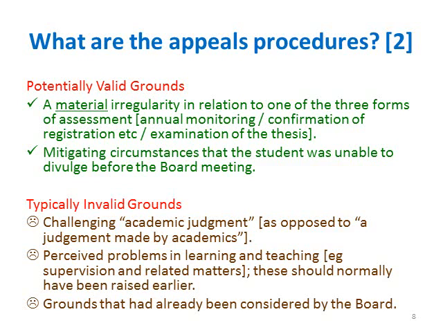Material irregularity basically means that the university did not follow its procedures, and this would have been material to the outcome. The second type of ground is mitigating circumstances that the board was unable to divulge before the board meeting.